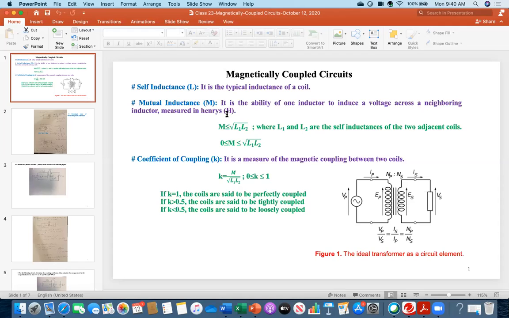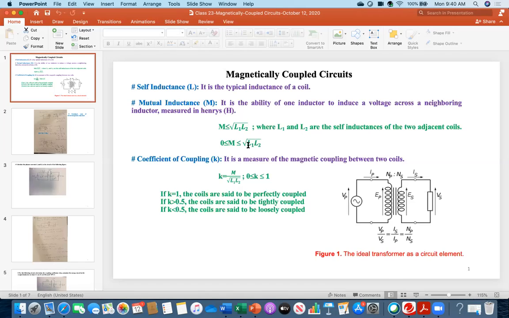Again, this is also measured in Henry, H. And this amount M is less than or equal to root over L1 L2. After a lot of experiment and trial and error, power engineers have confirmed that this is the relationship. The amount of mutual inductance is less than or equal to root over L1 L2, where L1 and L2 are the self-inductances of those two adjacent coils. And this is the range of M: 0 less than or equal to M, less than or equal to root over L1 L2.